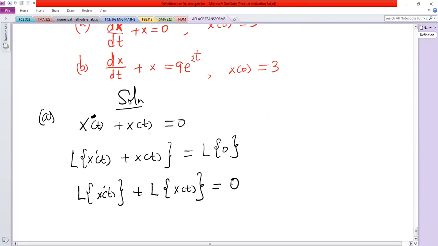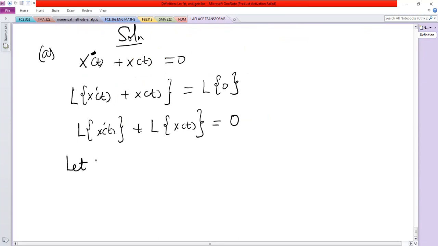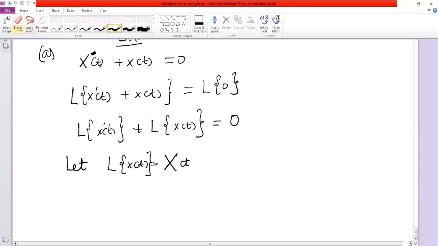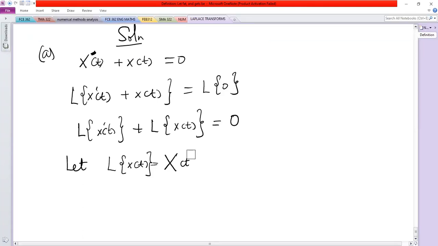Now, let capital X(s) be the Laplace transform of x(t).